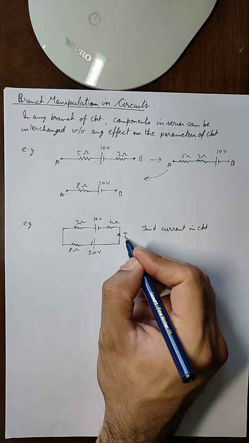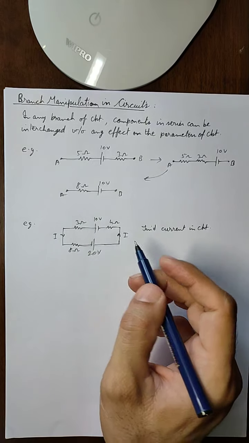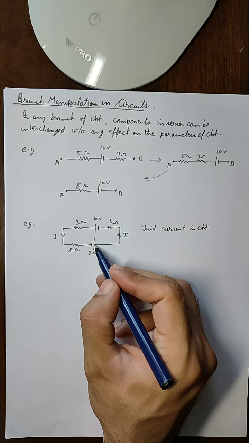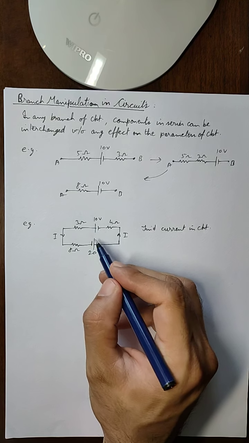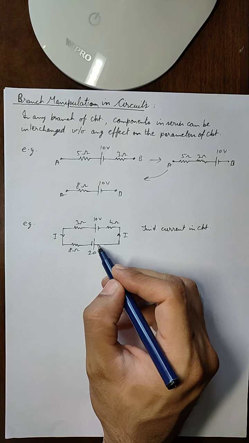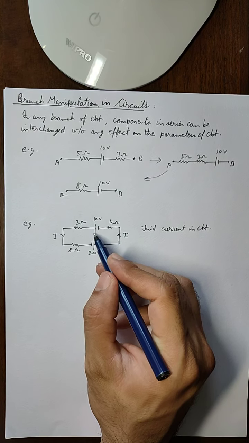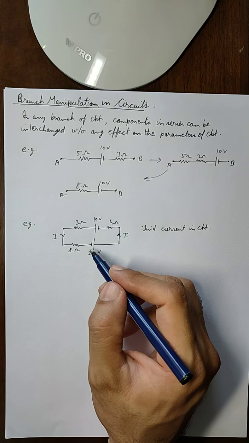So let us say that the current flowing in the circuit is I. It will be in this direction because it will be from positive to negative, and this battery is also in the same direction. The positive terminal of this battery is connected to the negative terminal of this battery. So the flow of current will be like this.